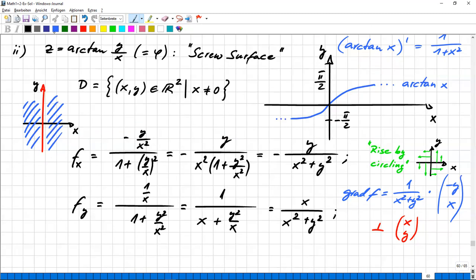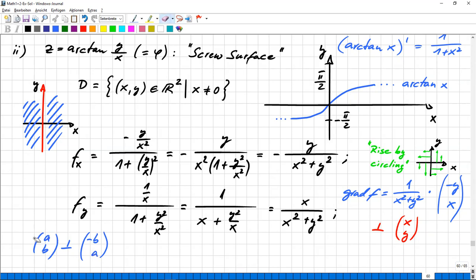Let's say I have a vector (a, b), and I am searching for a vector which is perpendicular. The easy trick is to exchange the coordinates and take a minus sign at one of them. It doesn't matter where, I can decide to take it here. So you see, it's exactly the same structure. Why are these two vectors perpendicular to each other? Easily, because their scalar product equals 0, right? a times negative b plus b times a equals 0.